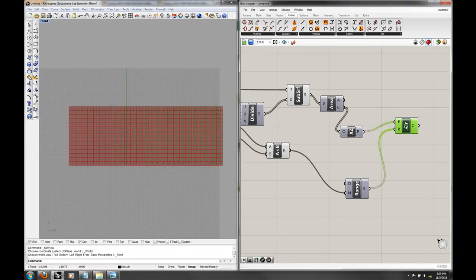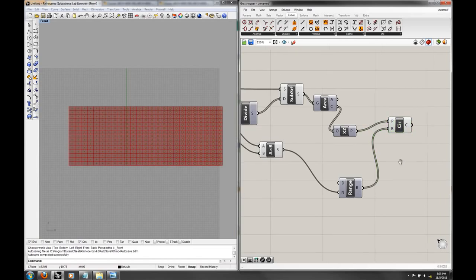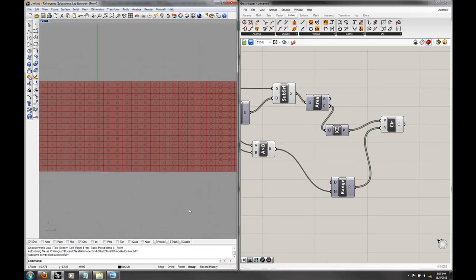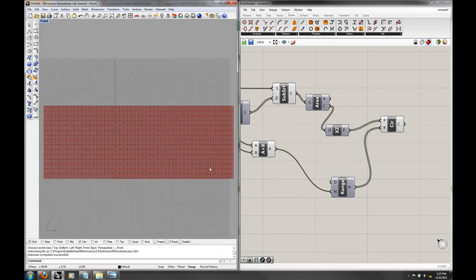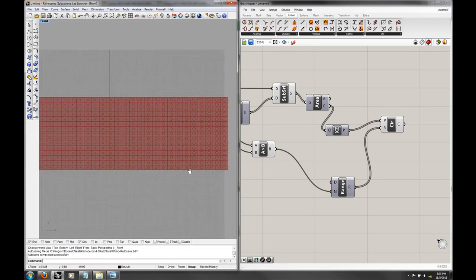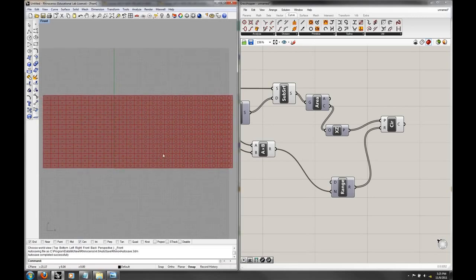So again, that's an interesting kind of pattern that you could create, and it'd be very difficult to do this by hand. So lots of patterns for things. You could distribute some squares and rotate them, and that might suggest some kind of windows. You could randomly rotate some squares. You could try other shapes if you want to.